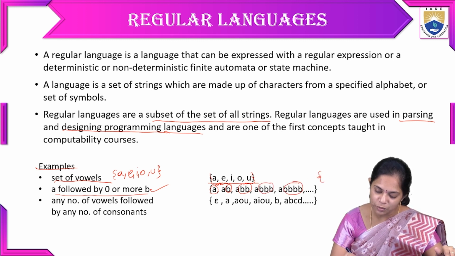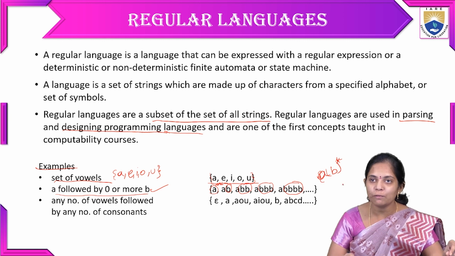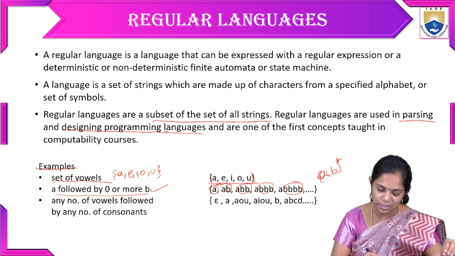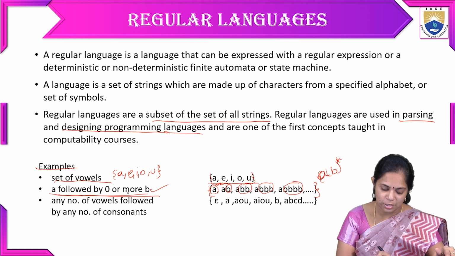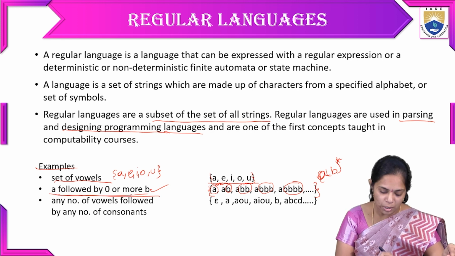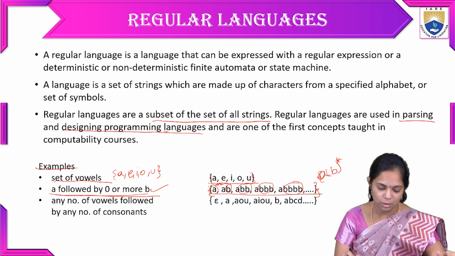The regular expression for this is A followed by B star. Like this we can form the regular expression by looking at the regular languages. These are subsets of some languages, and the subsets can be declared in the form of a regular language.